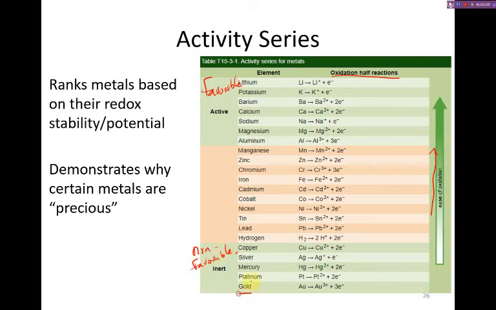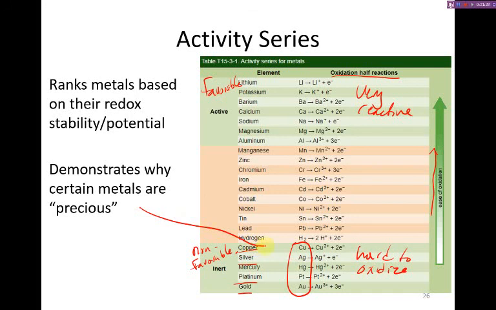We see that substances like gold and platinum and silver and copper are hard to oxidize. What that means then is that they're going to prefer to stay in their solid metallic state as opposed to becoming ions. Well, this actually aligns with our understanding that the alkali metals and alkaline earth metals are very reactive.